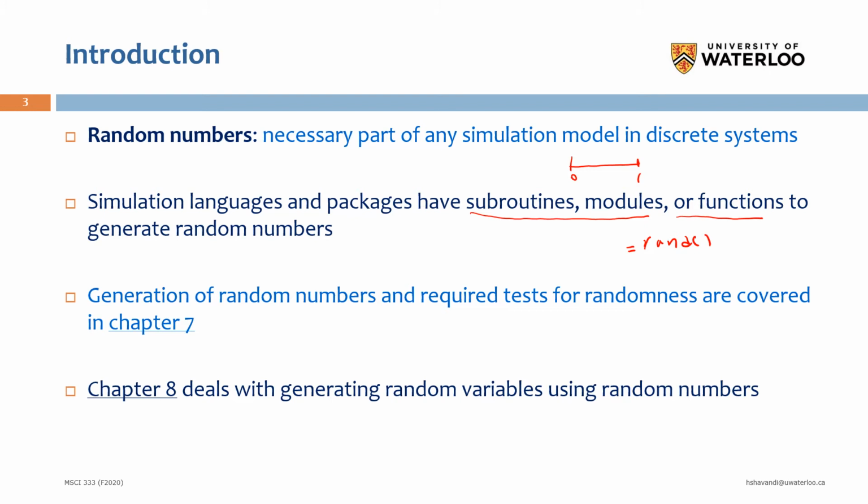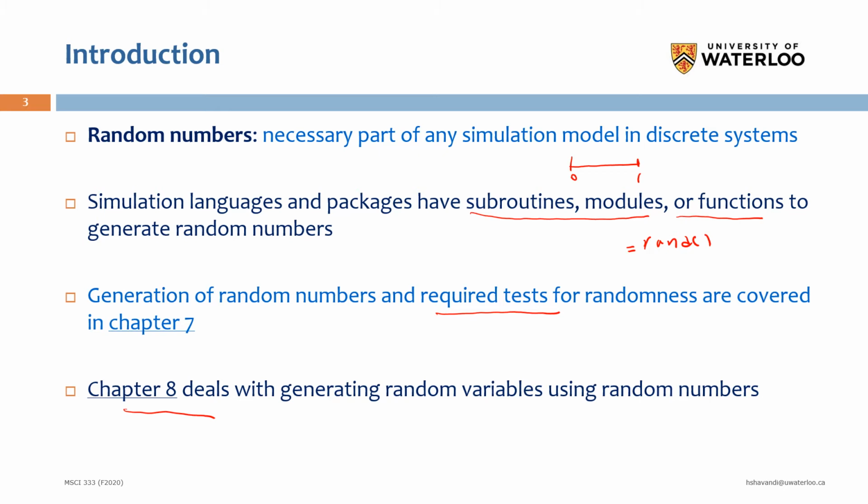So you may decide to actually code your own random generator method for a specific purpose in a simulation model. So in this chapter, chapter 7, we will learn some methods to generate random numbers, and also the test methods that we can use to check whether a random generator method is working well.